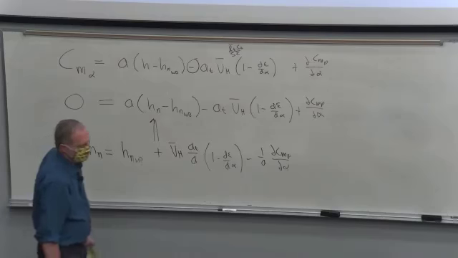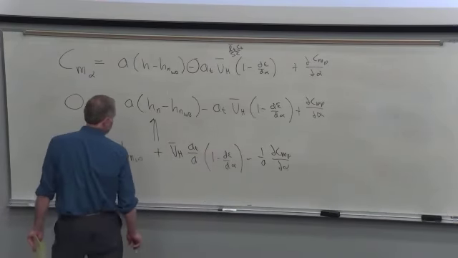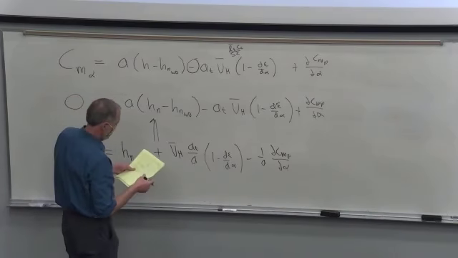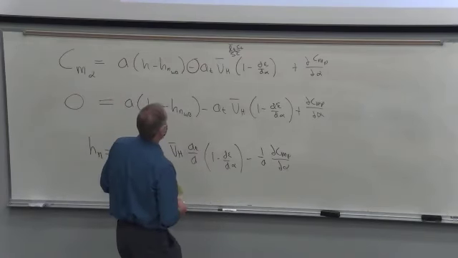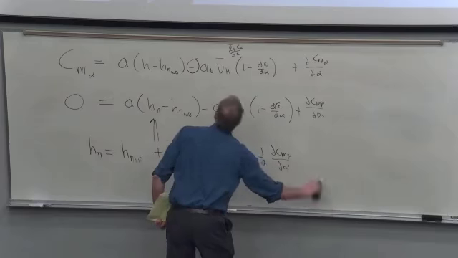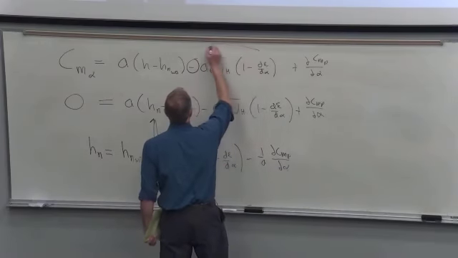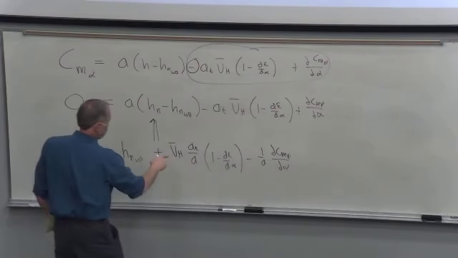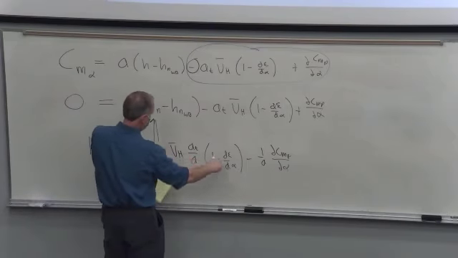How are we doing on time? Do we have a couple minutes? Yeah, the last thing I want to do is if we look at our formula for Cm alpha, we notice that this stuff here matches the stuff down here with the sign flipped.